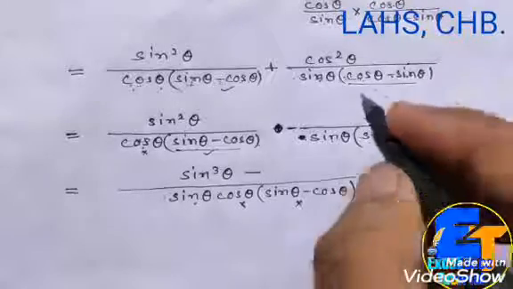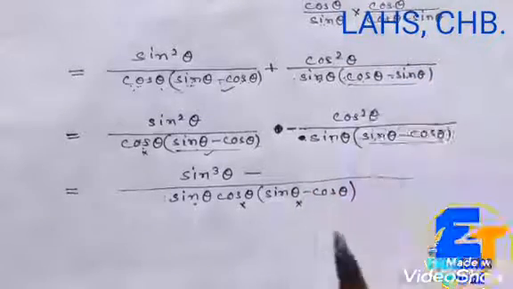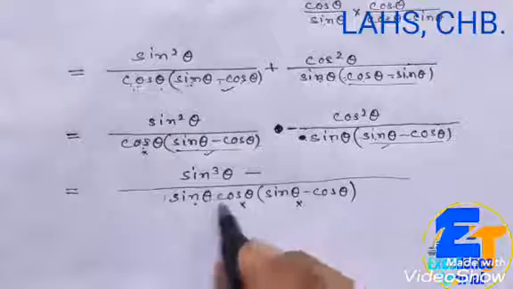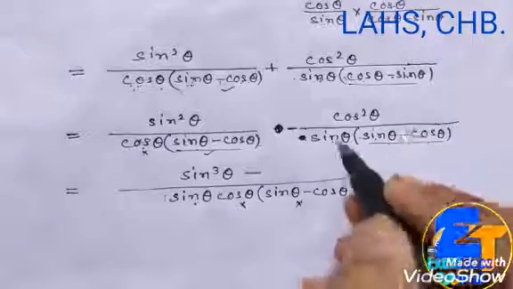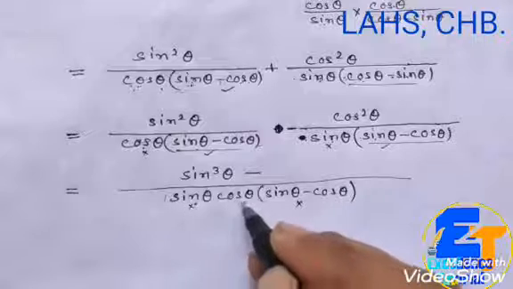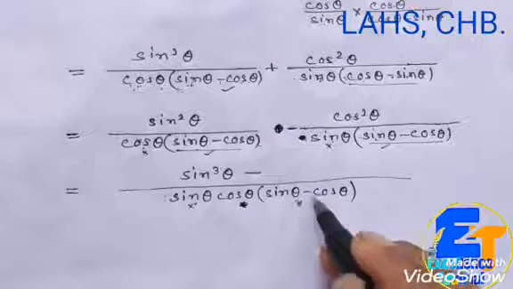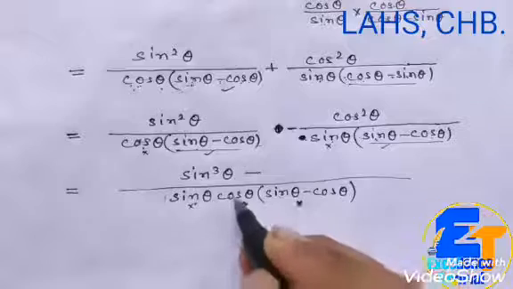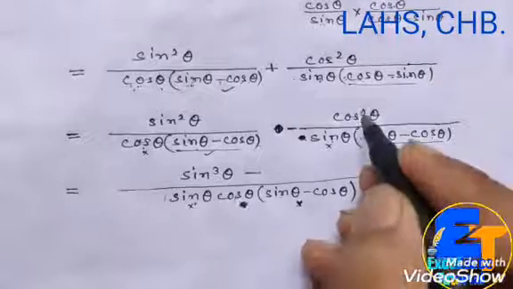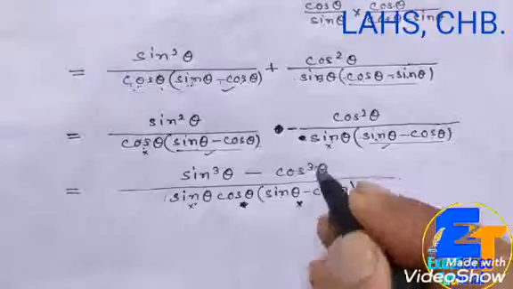Now see, this term I forgot to write here, cos square theta. Again, we are going to divide the LCM by this denominator. In that case, sin theta and sin theta will get cancelled. Okay, and sin theta minus cos theta will get cancelled with this. So what is left here? Cos theta into cos square theta, it will become cos cube theta.